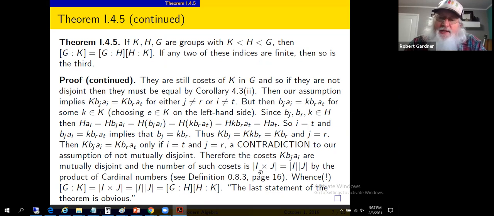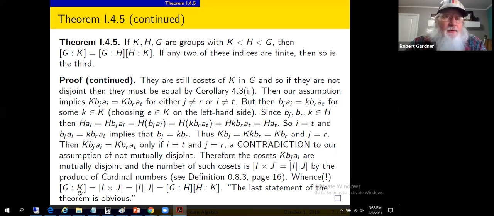So the cardinality of the Cartesian product, that is the number of ordered pairs of i's and j's that act as indices on these things, is this cardinal number times that cardinal number. But we had cardinal number I as the index of H in G, and for J, we had the index of K in H. So we'll substitute those in, and there you go.